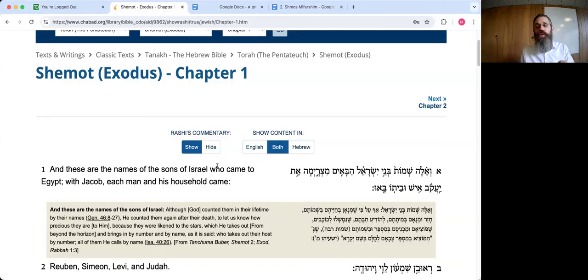Another interpretation of the vav is connecting this story to the previous stories, because we talked about this in the past. When we look at the story of Abraham, when God tells Abraham about the Exodus, God says the Jewish people will be your descendants.